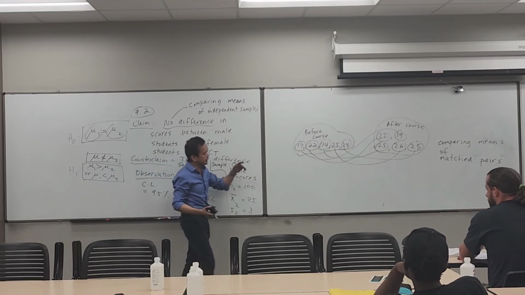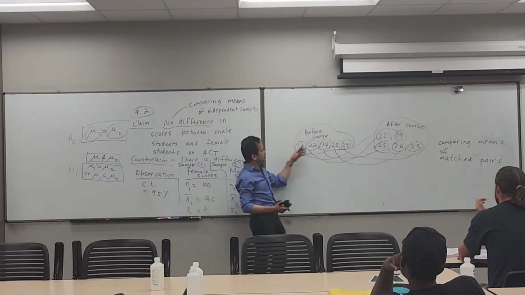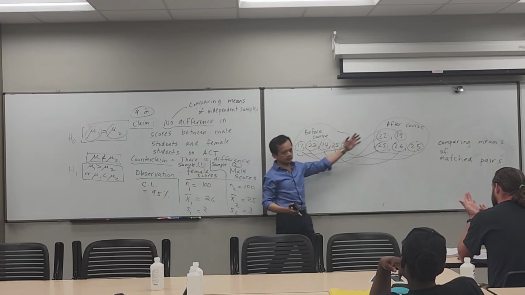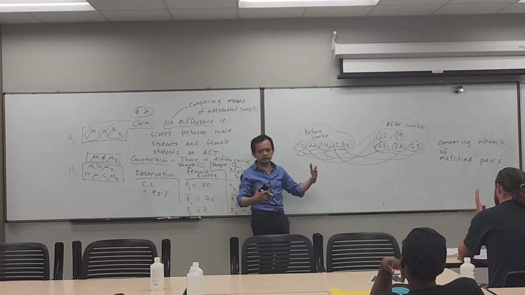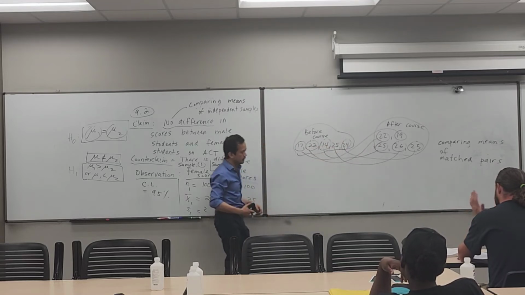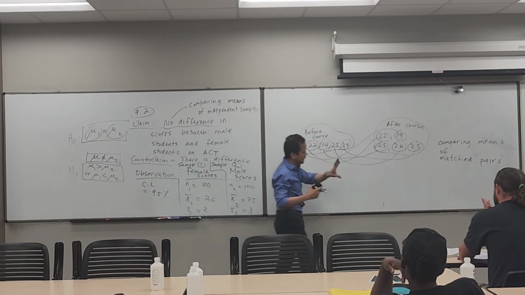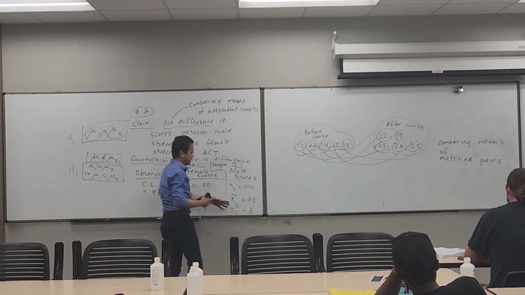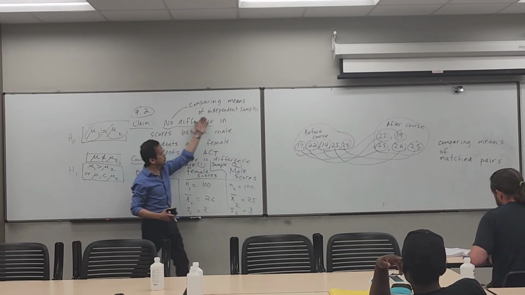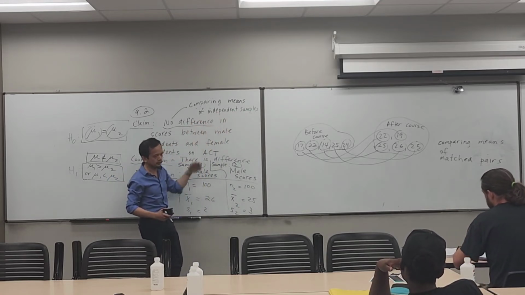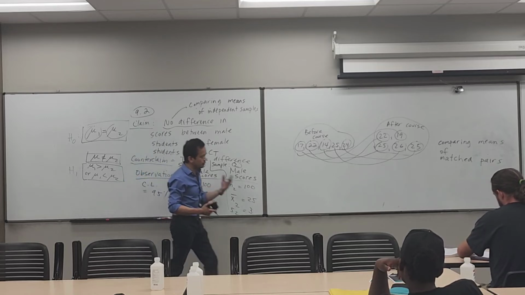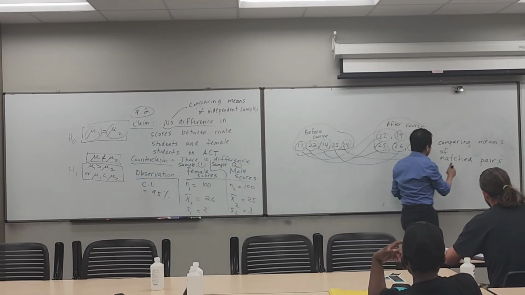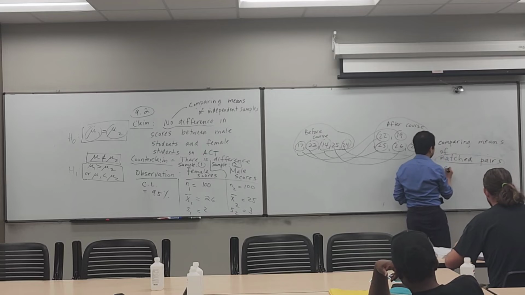But there is a rationale here for pairing a particular number from one group with a particular number of the other. It would represent before and after. So it would make sense to match pairs for the second example versus the first example. It wouldn't make sense to match the pairs, and we're dealing with independent samples in the first example. So another way of saying matched pairs is to say that they're dependent samples.